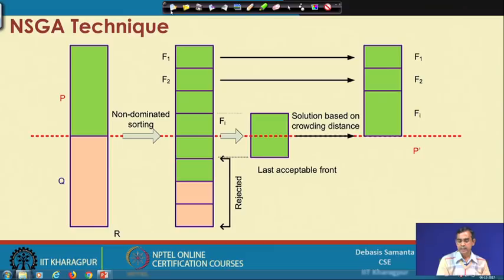Now, this tournament selection is based on one technique called the crowding distance technique. The solutions which are the winners are selected here, and the rest of the solutions are simply rejected.